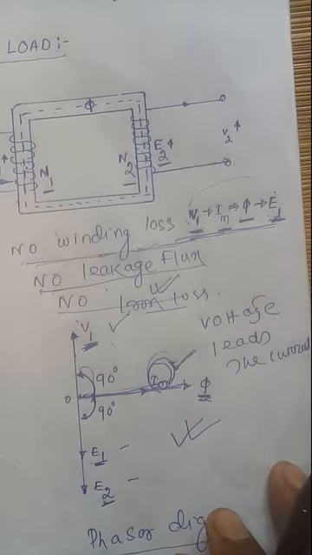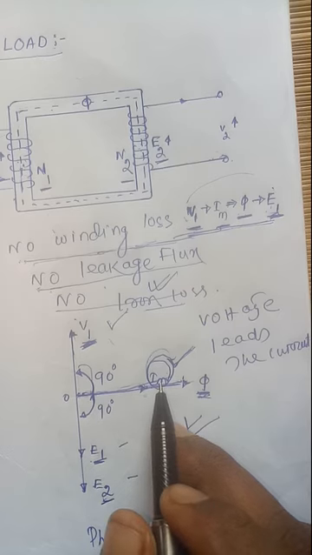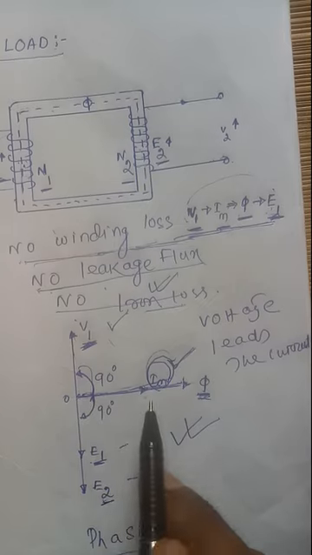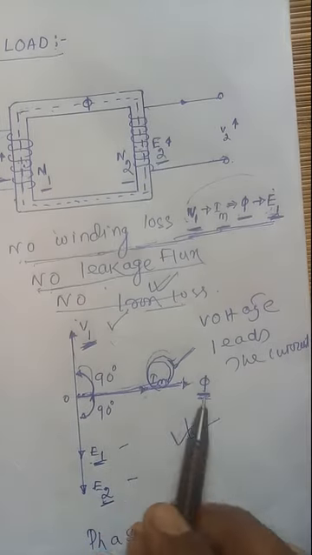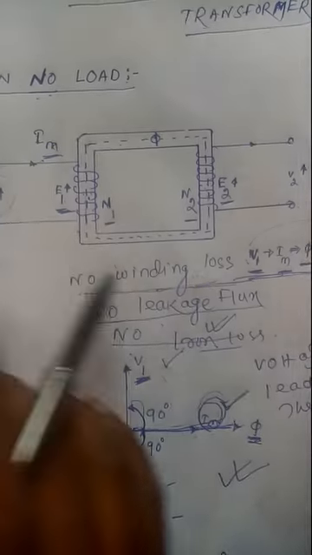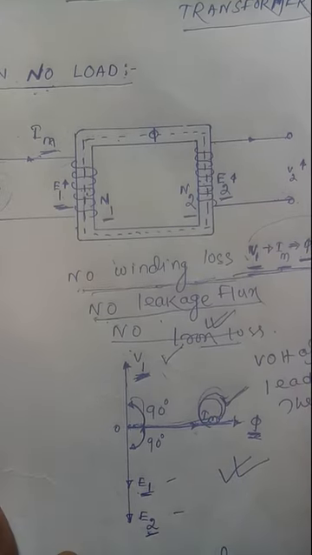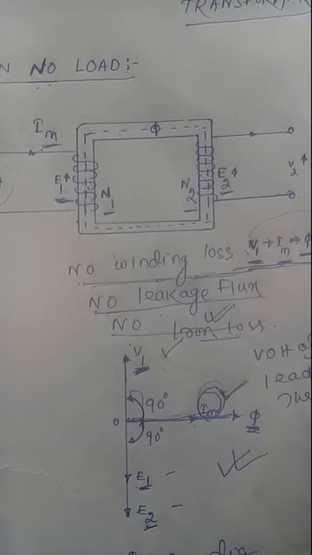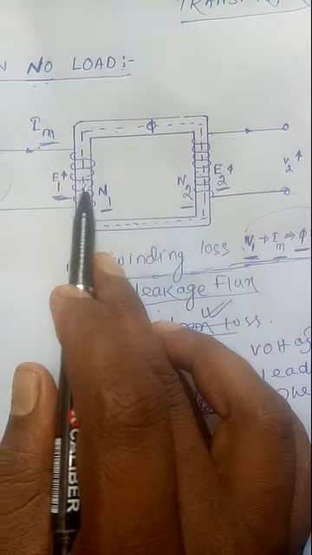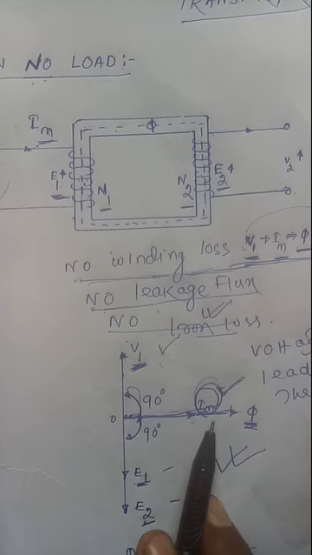As I told you earlier, while plotting a phasor diagram, some quantity is selected or taken as the reference. Other parameters related to the circuit, such as V1, E1, Im, E2 and V2, will be placed with respect to this reference by following certain rules. Since the flux is common to both primary and secondary, the flux has been taken as the reference phasor.